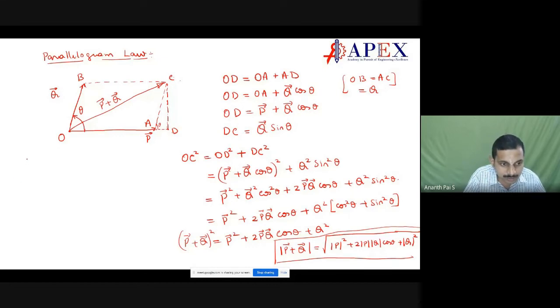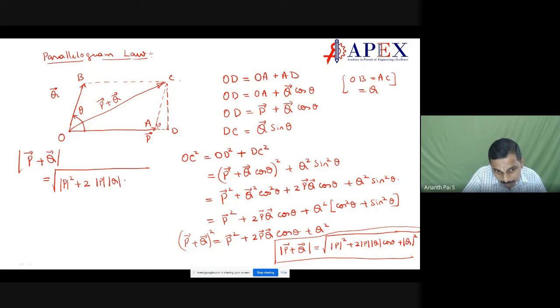I'll write again here, students. So the magnitude of P plus Q is equal to square root of P square plus 2 times magnitude P magnitude Q cos theta plus Q square.